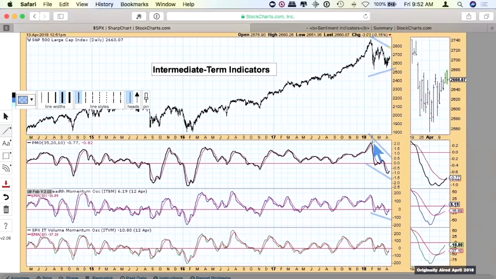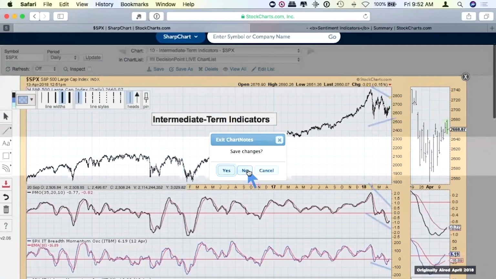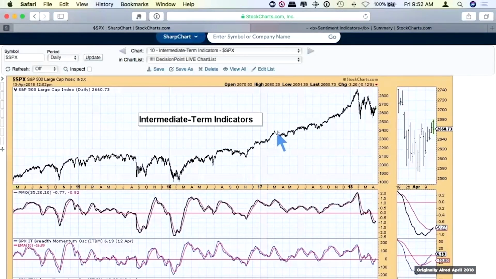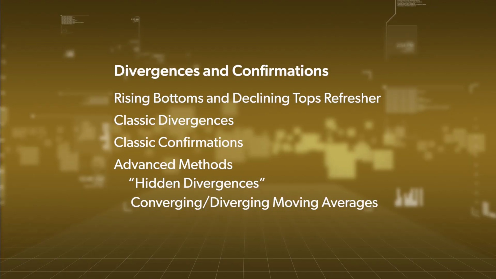So we got the confirmation of this decline, and now, as far as a hidden divergence, we're seeing these bottoms declining on the indicator, but we're getting rising bottoms on price. So a little different. And like I said, the reason I don't generally follow them is because it can be very confusing when you're looking at them. And with that, I'm going to complete our Divergences and Confirmations workshop, and away we go.